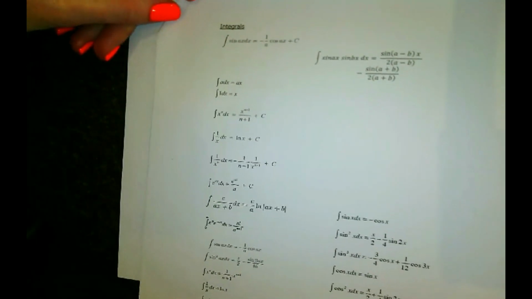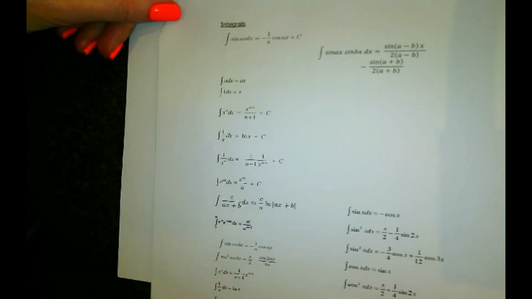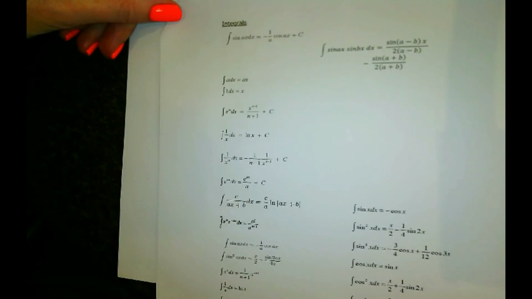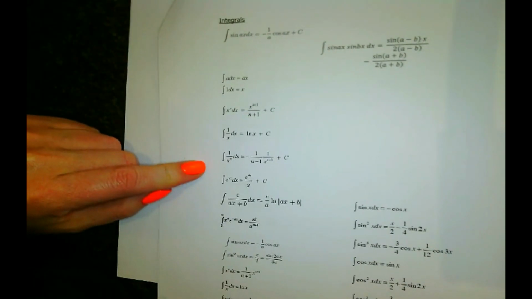So let's have a look at some examples for integrals. If you look at the second page on your data sheet, this is where you will locate the integrals. Just like derivatives, I will never give you an integral that is not on your data sheet, so you don't need to memorize any integrals, you just need to be able to find them on the data sheet.